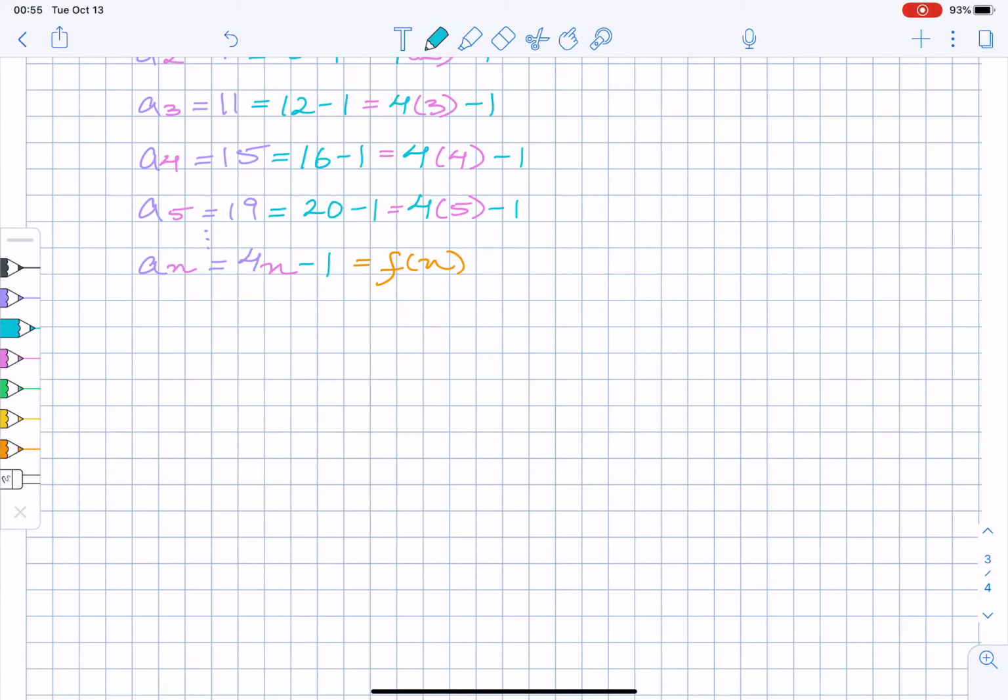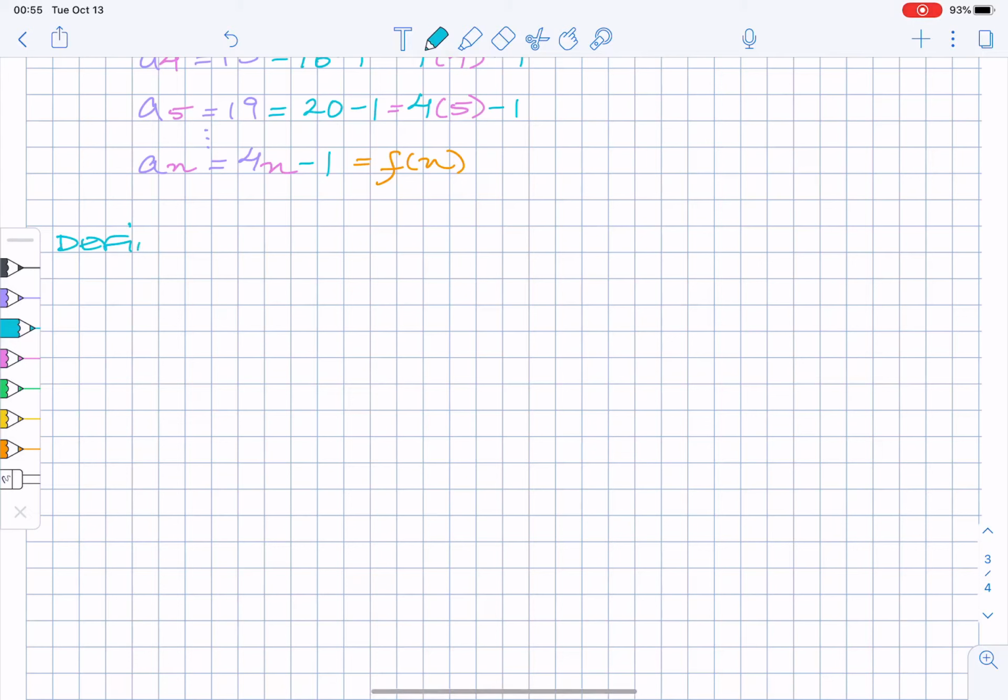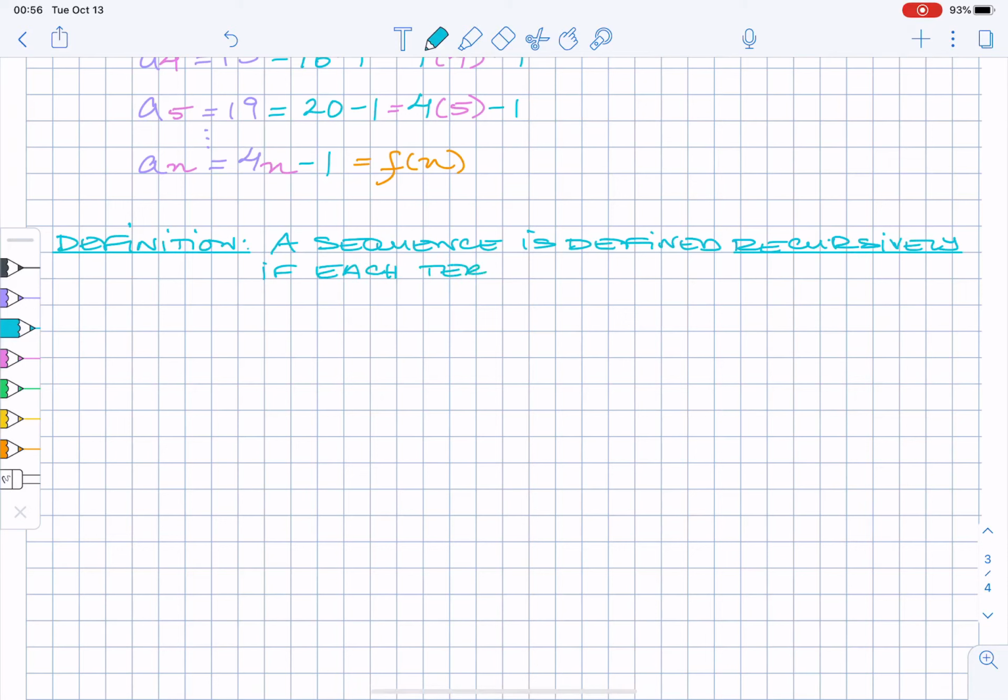Okay, so definition. A sequence is defined recursively if each term is expressed with respect to previous terms.